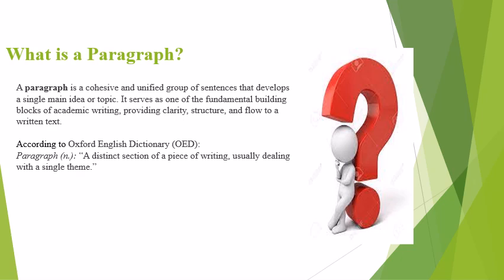Now, let's define what is a paragraph. According to Oxford English Dictionary, a paragraph is a distinct section of a piece of writing, usually dealing with a single theme. It is a cohesive and unified group of sentences that develops a single main idea or topic. In other words, a paragraph is a unit of writing that expresses only one single idea or topic.